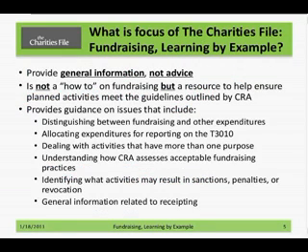The focus of this session is just general information and is not considered to be advice. I am not a CRA employee.